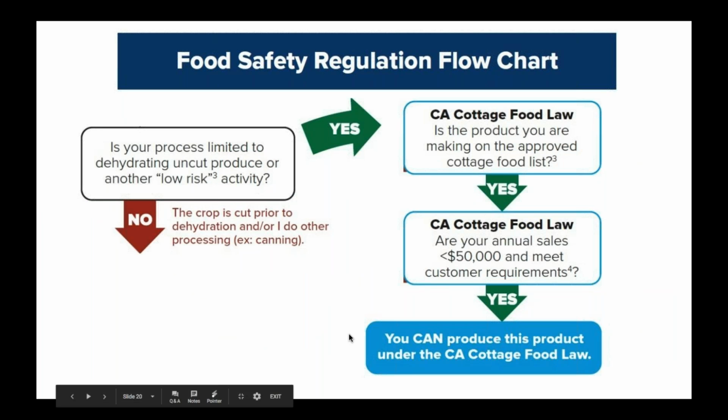Which is your process limited to dehydrating uncut produce or another low-risk activity? So in this case, again, we're making an acidified food product, which is considered high risk. So we would answer no on this box here. Salsa is not going to be a food that's on our approved cottage food list. It's actually, as I mentioned, considered a high-risk food. So we'll answer no here.